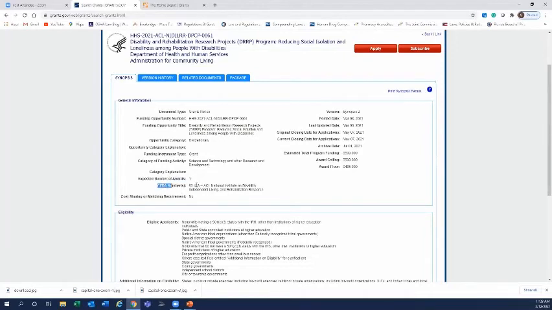The CFDA, which I'll talk about in the federal grant write-in, 93.433, meaning that every time you see that CFDA, it's going to come from the Institute on Disability, Independent Living, and Rehab Research. You'll see the posted dates, award floor, award ceiling. They're playing no games with this one. The minimum you can apply for is $494,000. The maximum you can apply for is $500,000. They're pretty much saying, we're only giving out $500,000 for this, people.